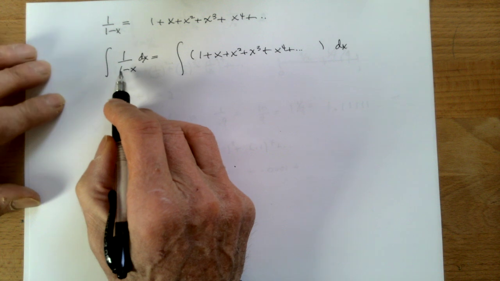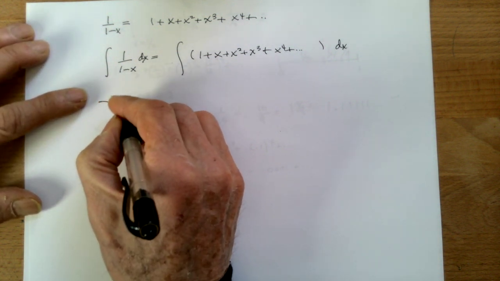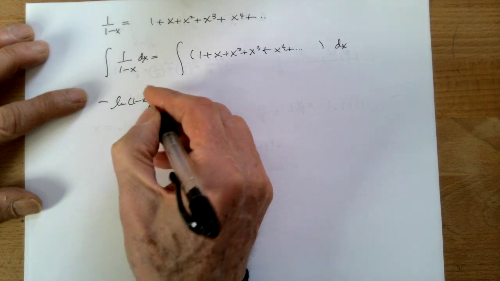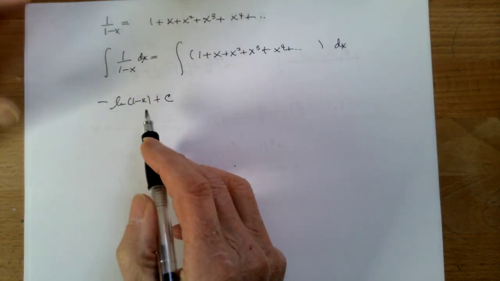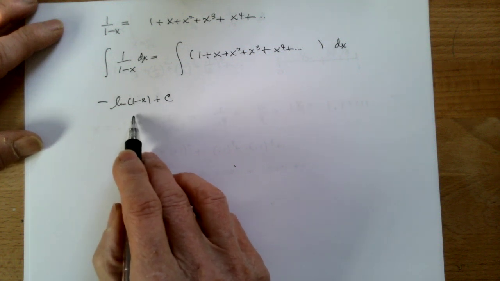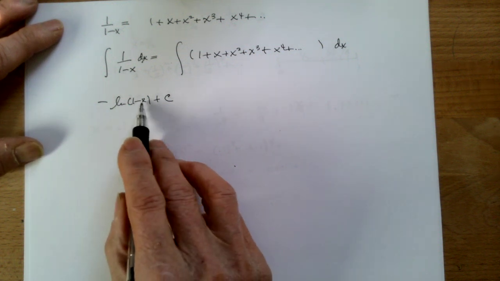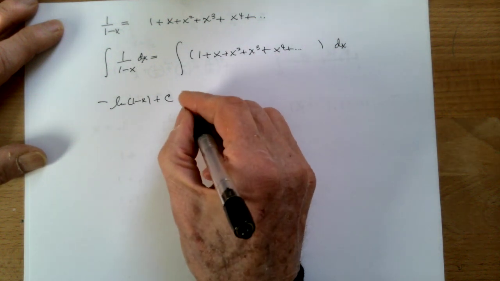So what do we get? The antiderivative of 1 over 1 minus x is minus the natural log of 1 minus x, but I better put a c here. You can check that that's the right answer, because the derivative of natural log of 1 minus x is 1 over 1 minus x, and then you use the chain rule, you pick up a minus sign, and that cancels. What do we get on the right side?